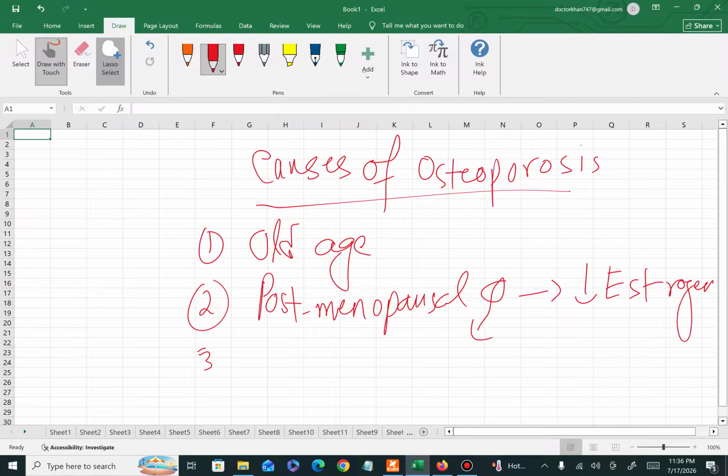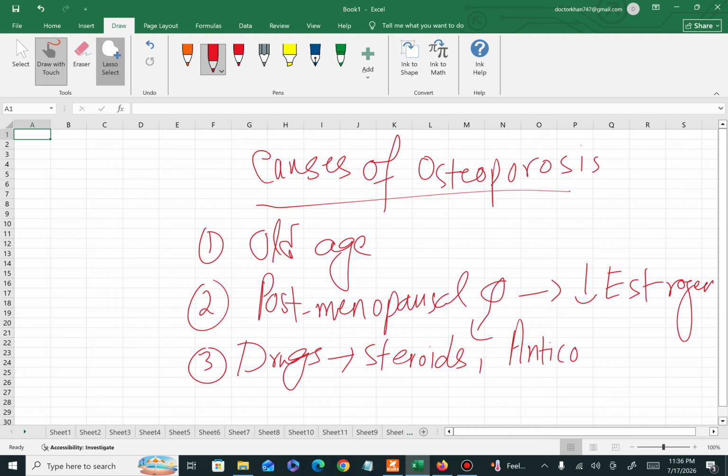Then it can be due to drugs like steroids. Sorry, not bisphosphonate. Bisphosphonate is the treatment for osteoporosis. So it can be due to steroids and anticonvulsant drugs.